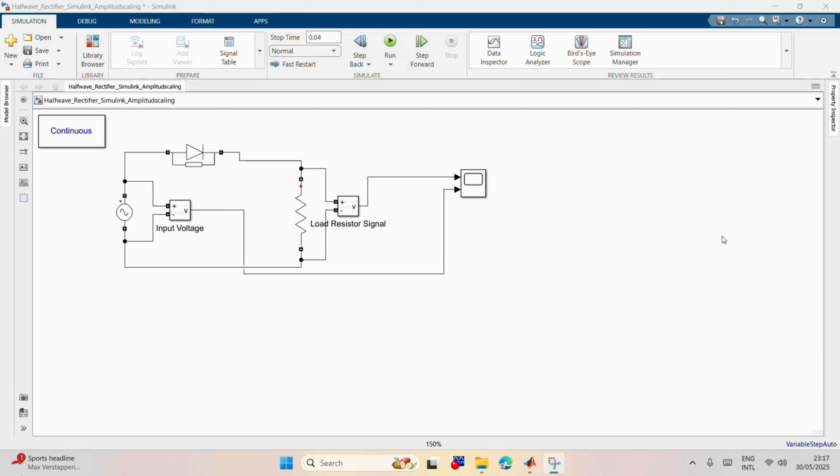The second transformation is amplitude scaling. Simply, in the definition of amplitude scaling, the amplitude of the signal is just simply amplifying the voltage of the signal. To do this, we'll just add a gain block and set it to any number greater than 1.